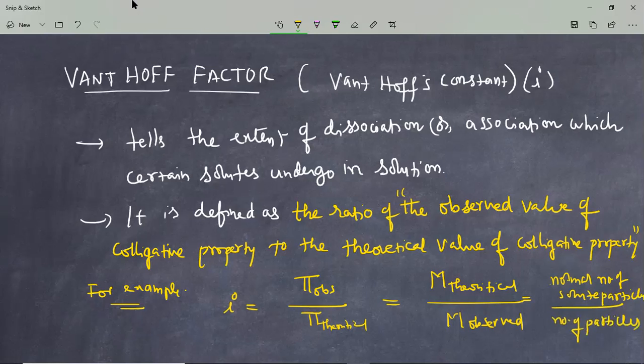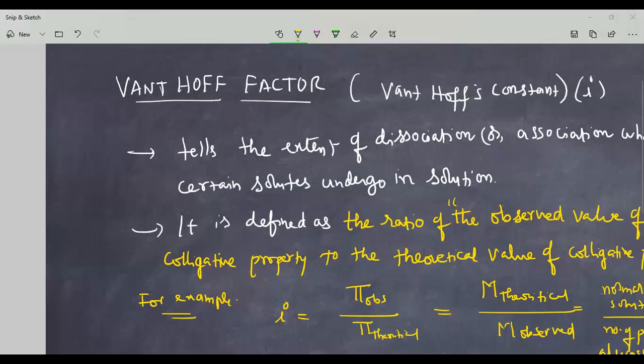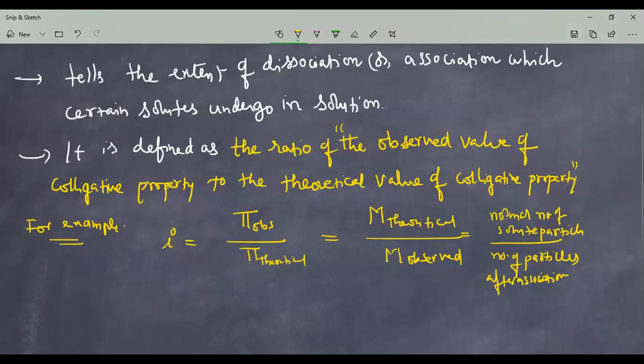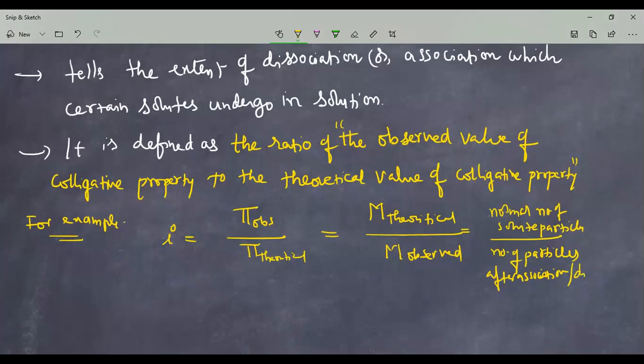Number of particles after association or dissociation. You can observe all these things here.